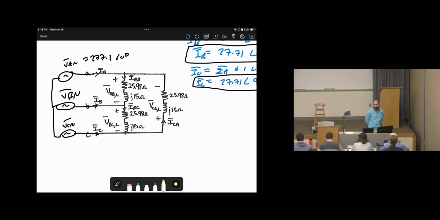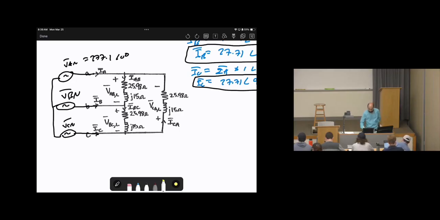Can we find the per-phase equivalent circuit whenever we have this? The answer is no. So what should I do? Whenever we have a delta, that delta causes a problem. That problem is I cannot find the per-phase equivalent circuits. What should I do?